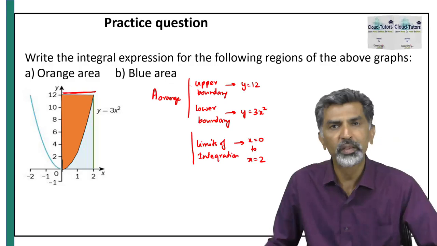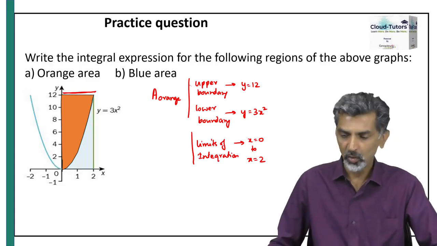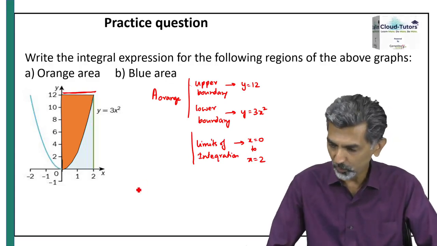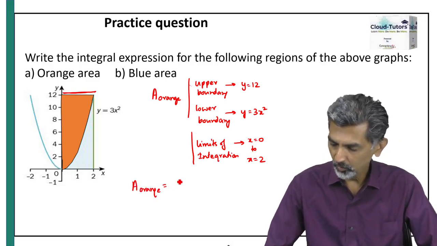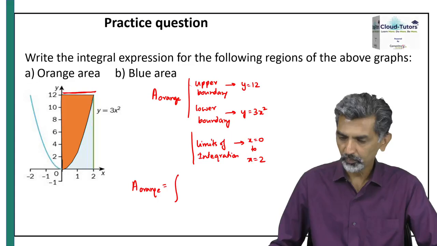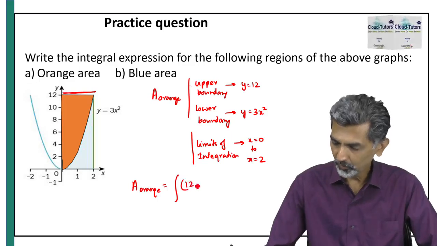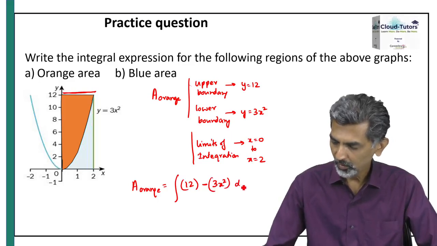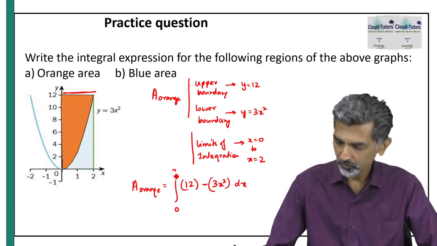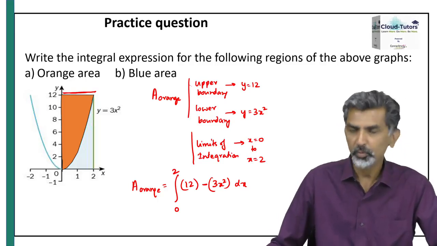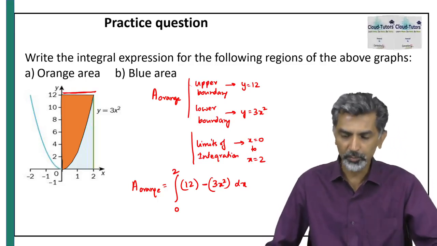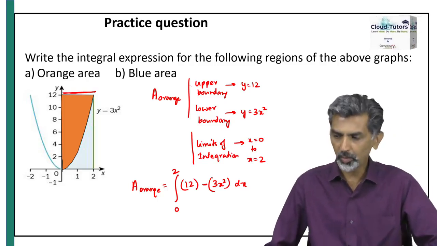So we know everything we need to know to find the area of the orange region, and that would be A orange is equal to the integral of 12 minus 3x square dx from 0 to 2, because we were very careful to identify the upper part of the region and the lower part of the region.